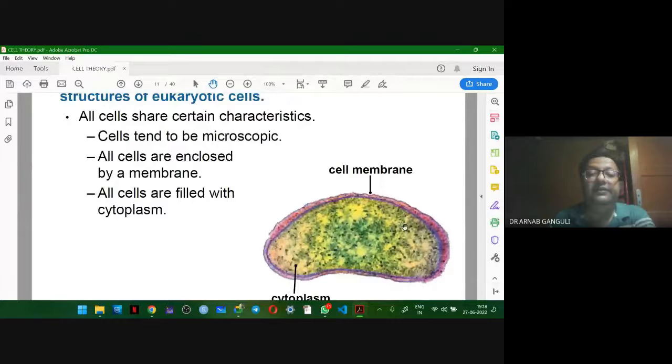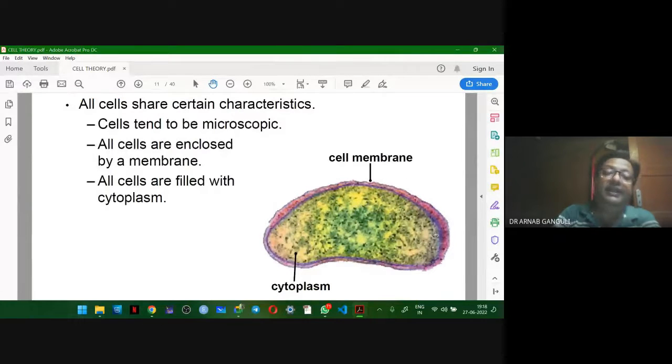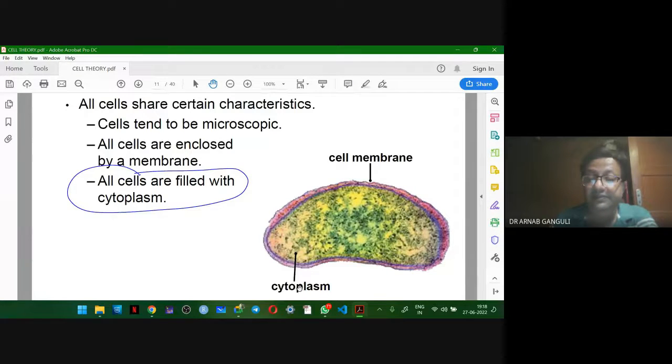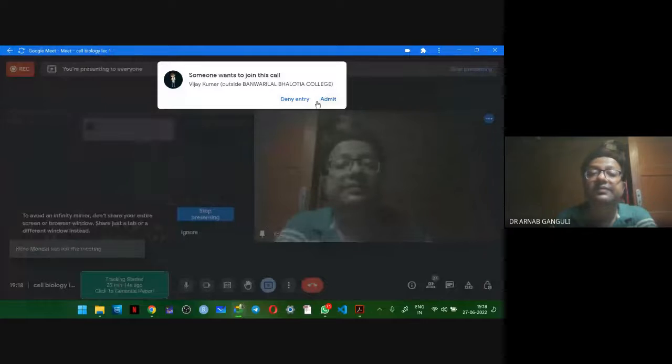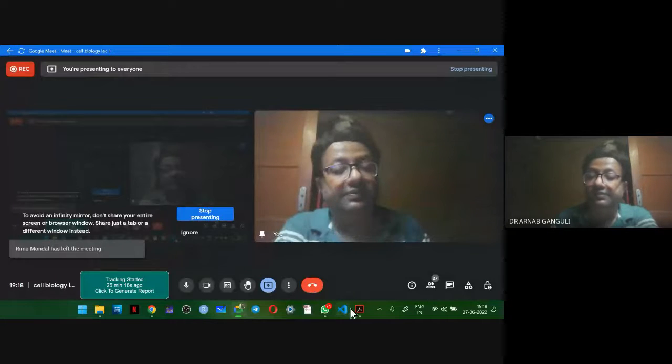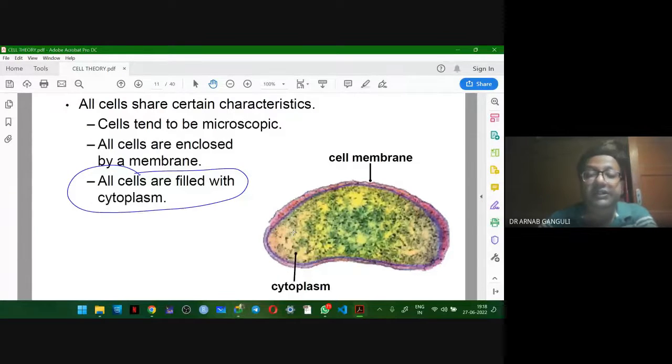Then the next thing is all cells are filled with cytoplasm. Inside the cell membrane there is a fluid, semi-solid structure, and that is jelly-like cytoplasm.